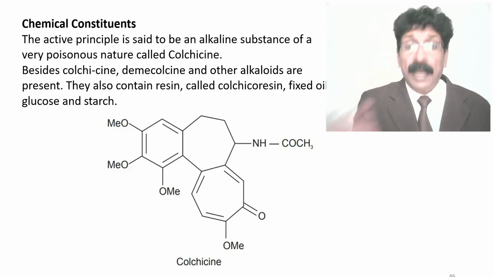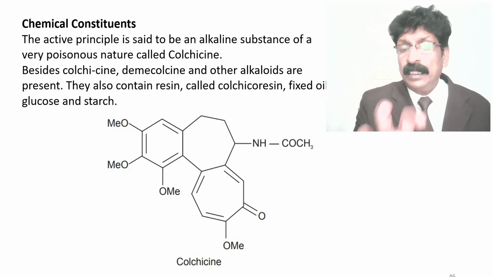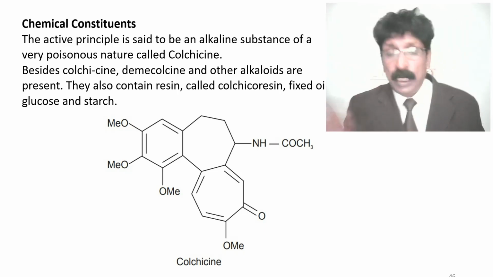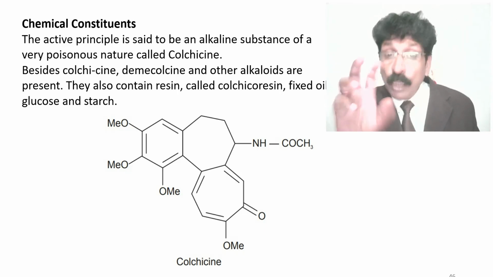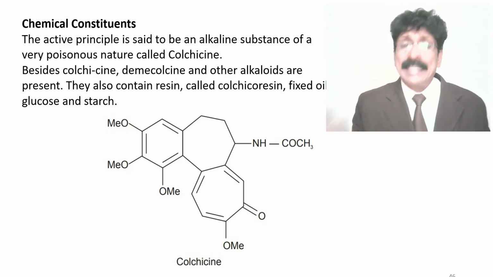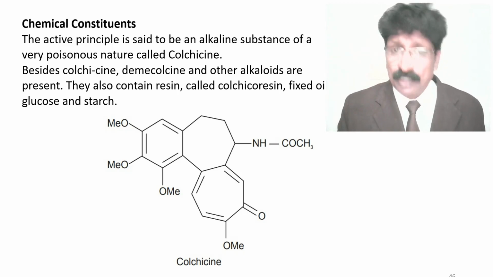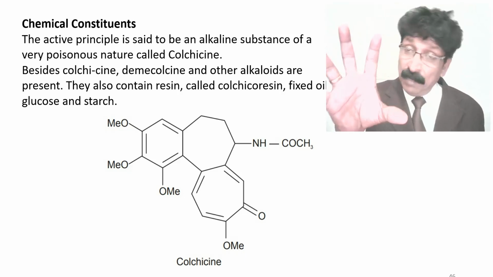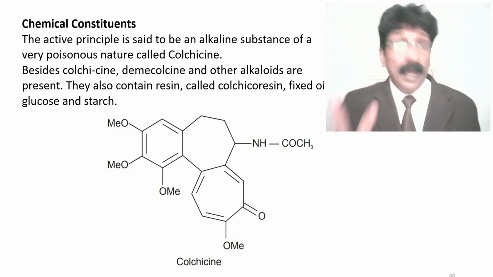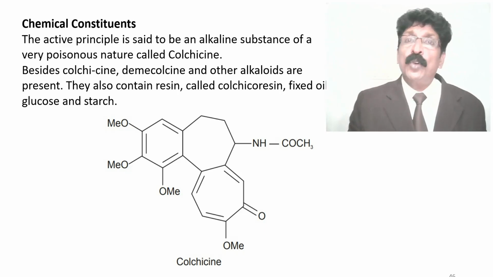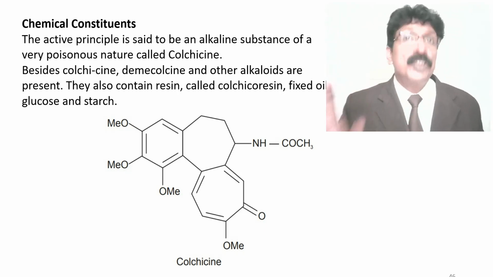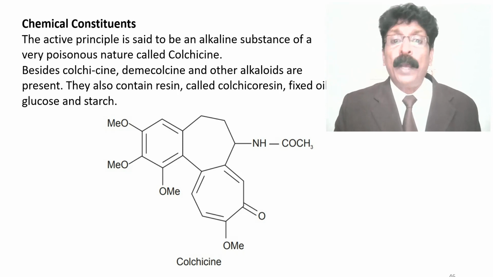In the other 7-membered ring structure, you can see a methoxy group with one keto group, double bond O. So once you practice the colchicine structure, it is possible for you to write a 6-membered ring with 3 methoxy groups, a 7-membered ring attached with an amide, and another 7-membered ring with a keto group and a methoxy group.